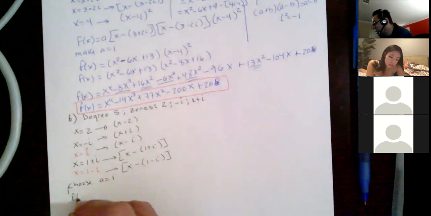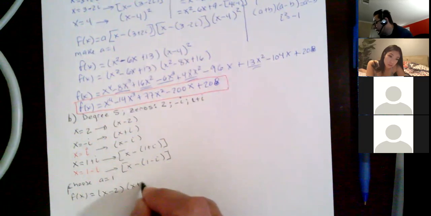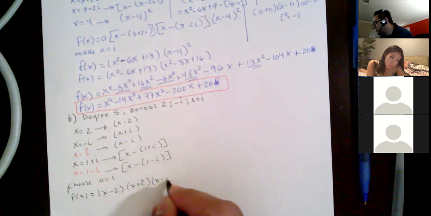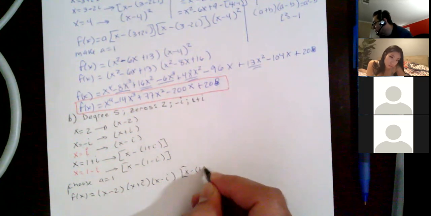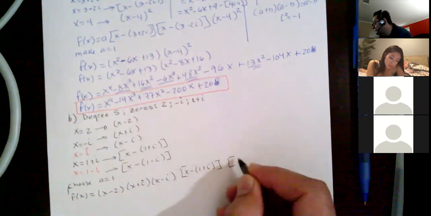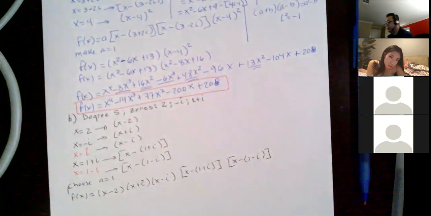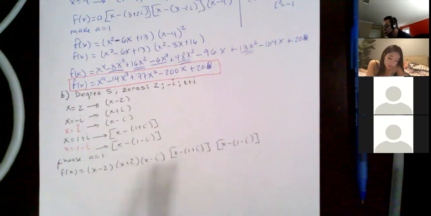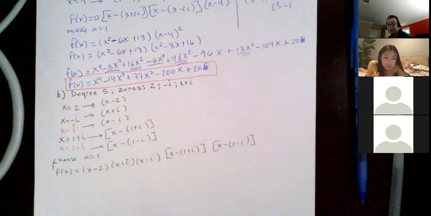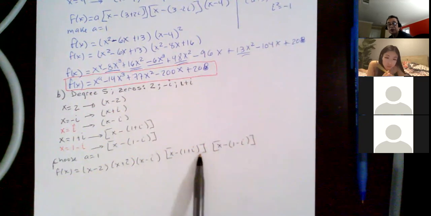And now f of x is equal to x minus 2 times x plus i times x minus i times x minus 1 plus i times x minus 1 minus i. That would be it, and then you guys have to multiply all these factors. So remember what we did when we multiply, start by multiplying these two, use this formula, do what we did before.